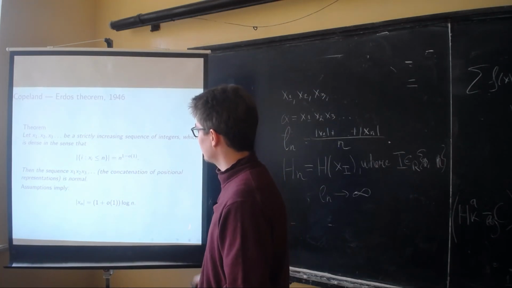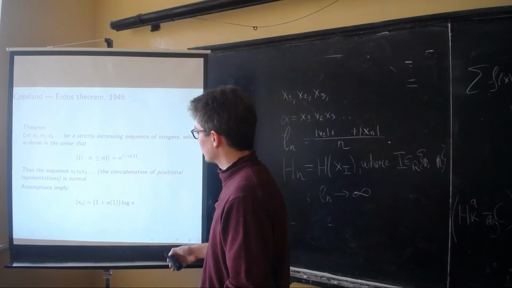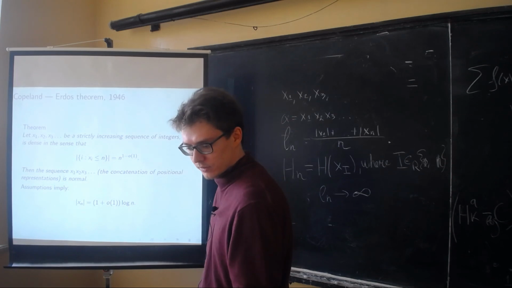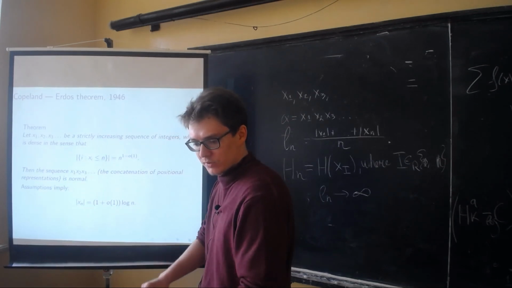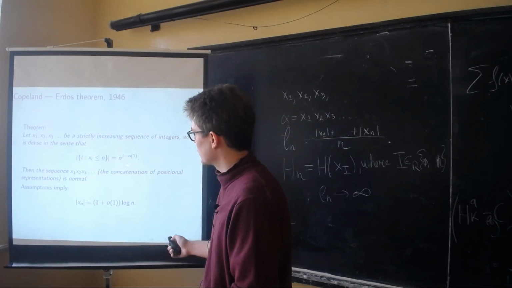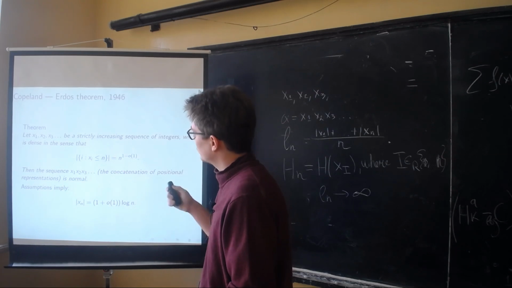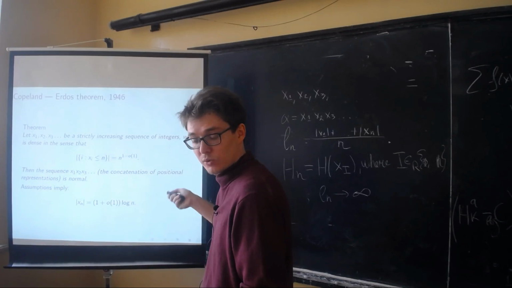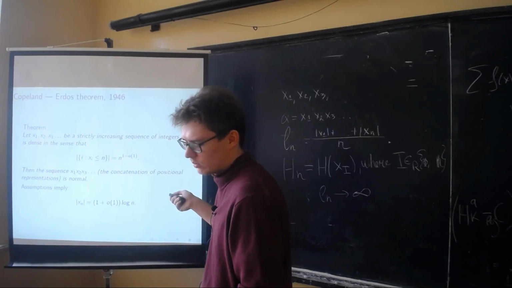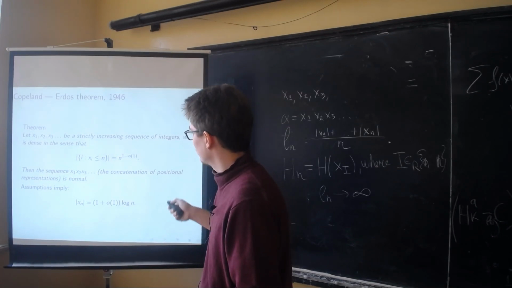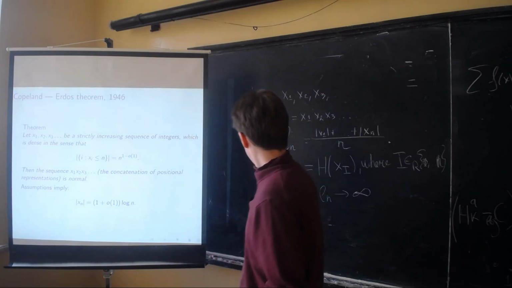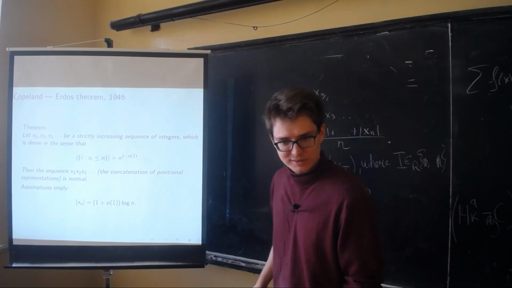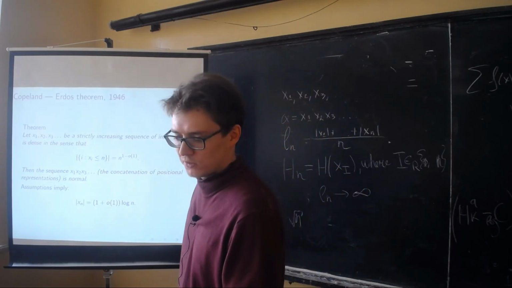If I take an increasing sequence of integers, and if the number of elements of the sequence which are at most n is n to the power 1 minus small o of 1, then, you know, if we have square root of n, it is bad, or n to the power 2/3, it is also bad.